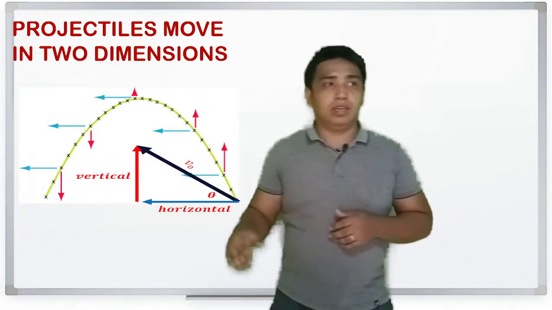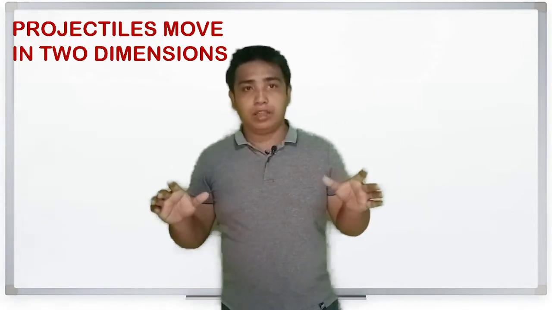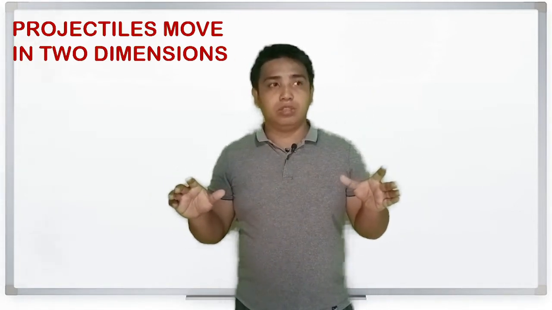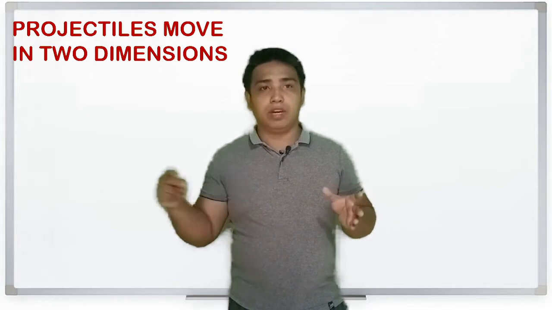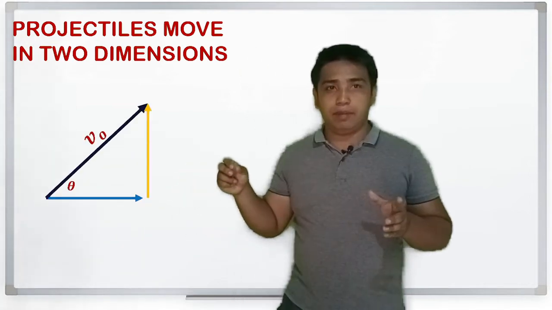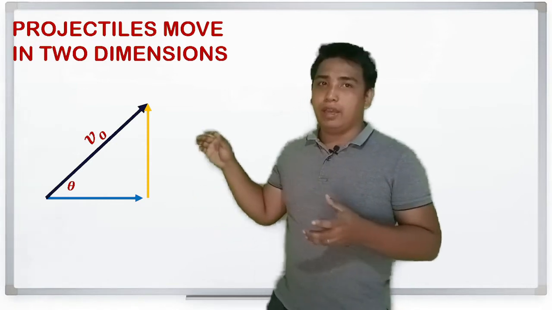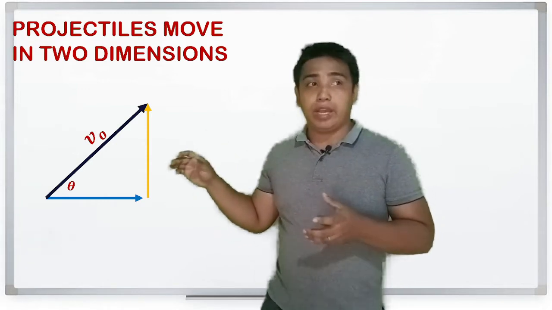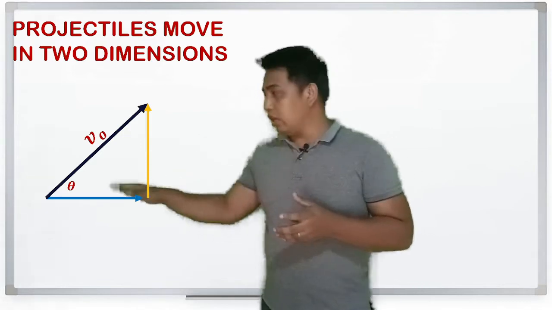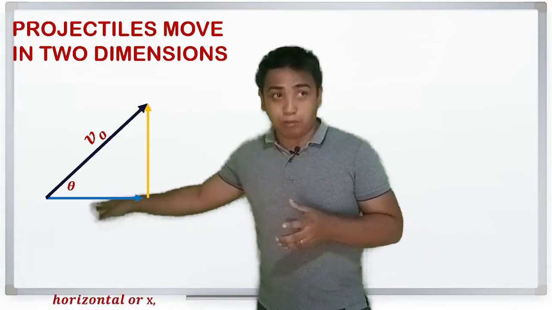Next, we have to identify the component vectors using a little bit of trigonometry, and when we are talking about trigonometry, we are going to break it into a right triangle. Here is where the horizontal component lies.